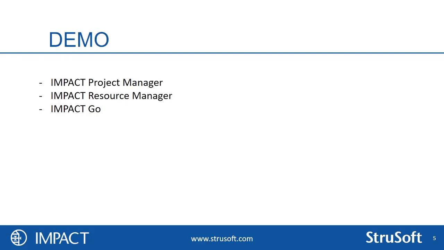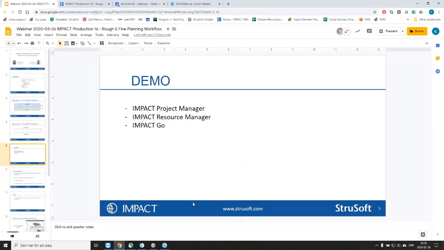And the glue, as Thomas said when we practiced this, between these different applications is the Impact Go, our mobile application. Enough of that. Exactly. Let's go straight into the demo.